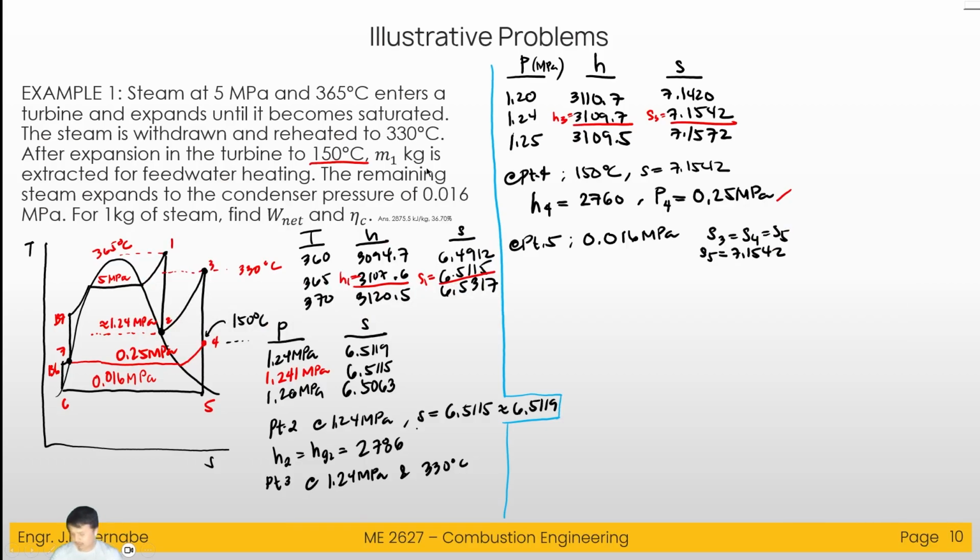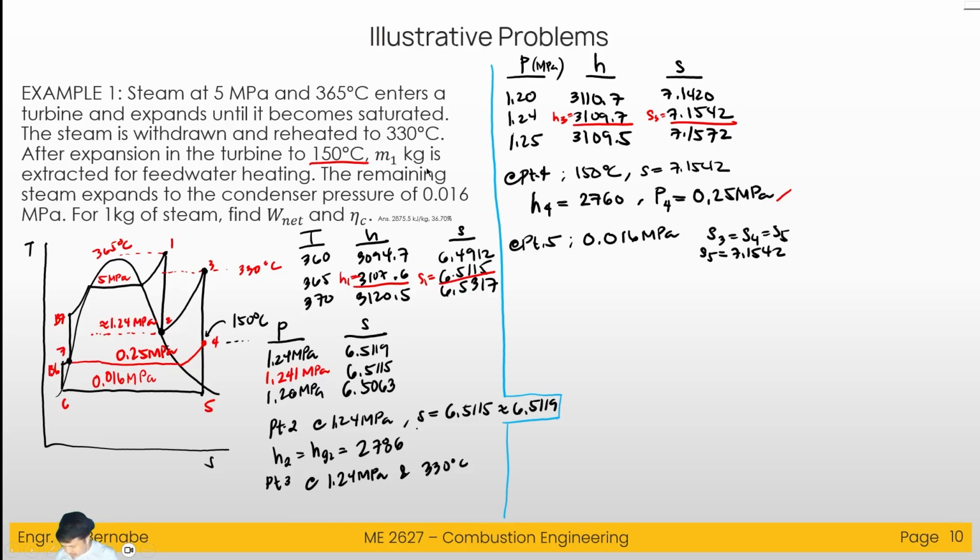So we can check actually the steam table pala, no? Table 2. So using your steam table, 0.016. Yan. So this is SG is equal to 7.98. Ayan, so pasok siya, no?